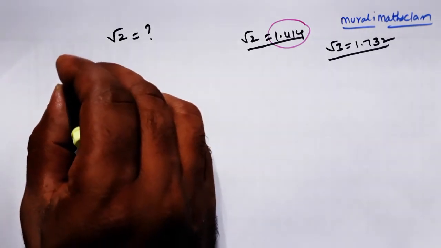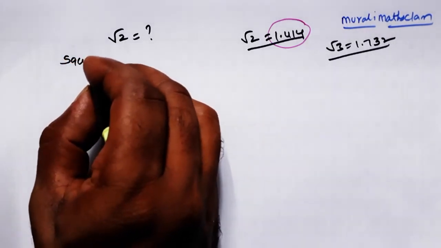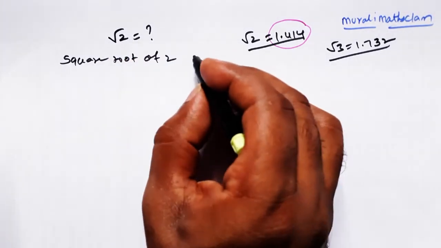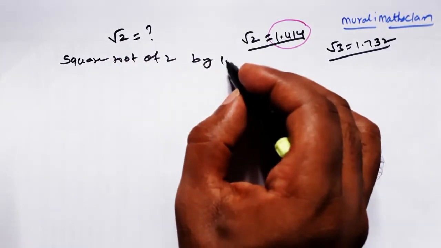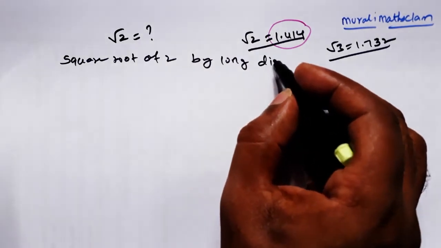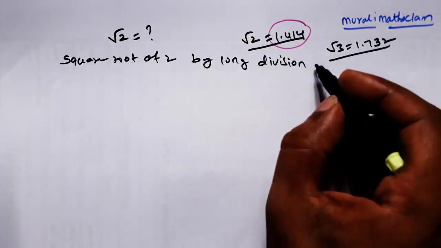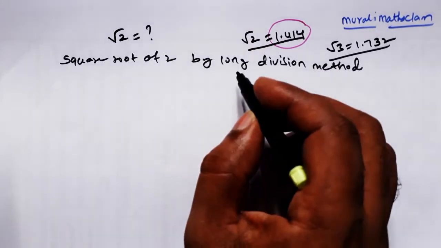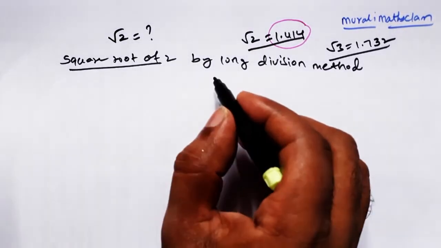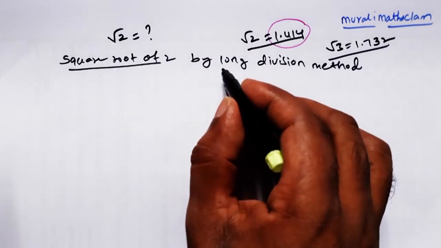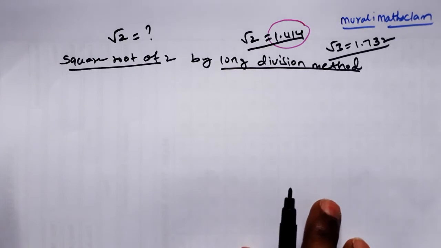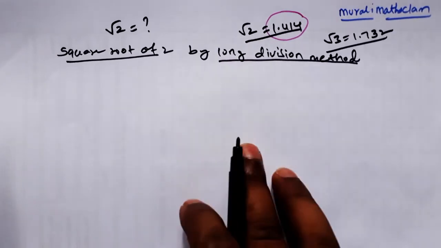That means we will now see square root of 2 by the long division method. The only possible way to know this square root of 2 is by the long division method.